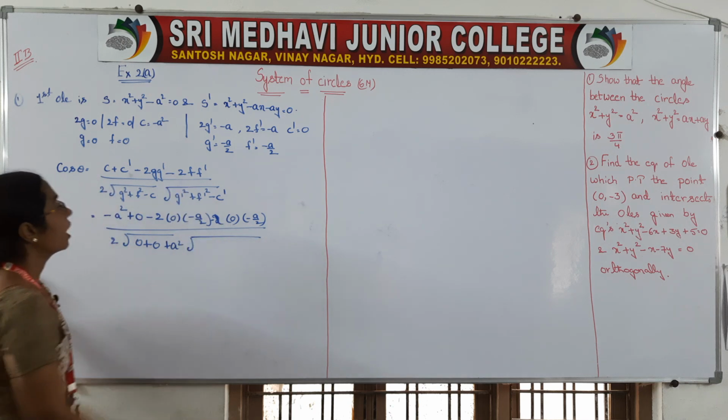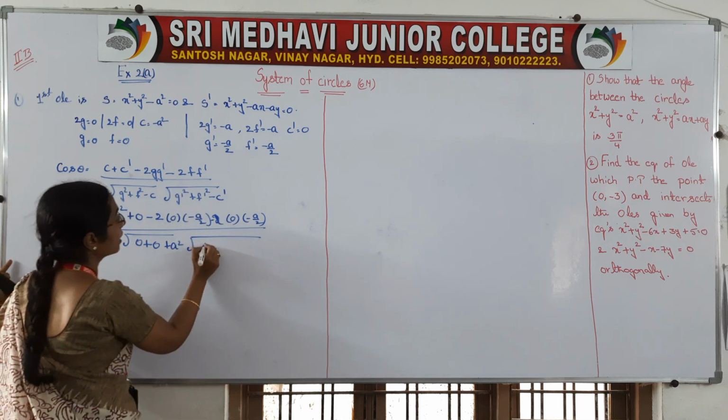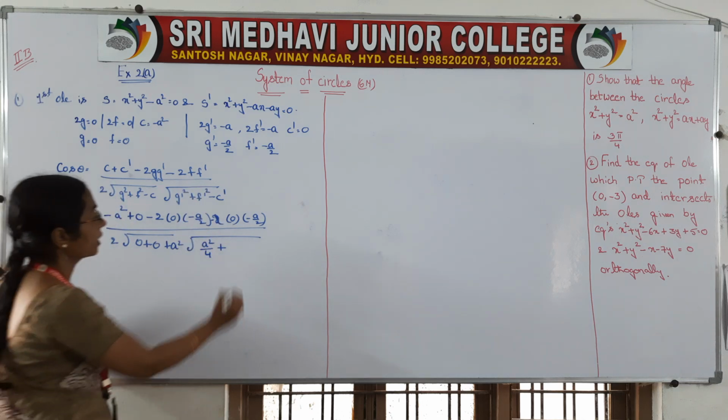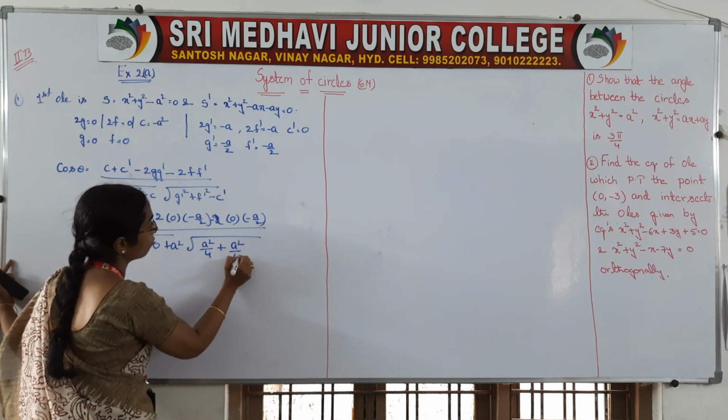Similarly here g dash square is a square by 4, plus f dash square is a square by 4.